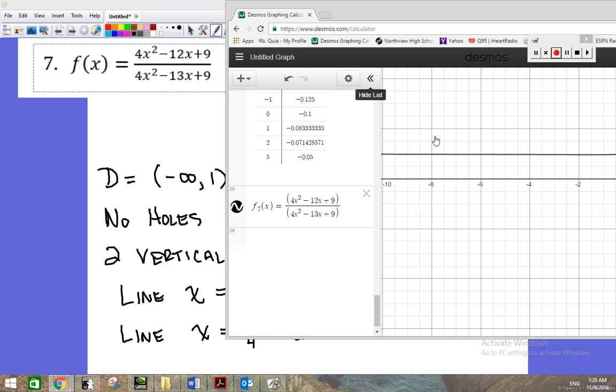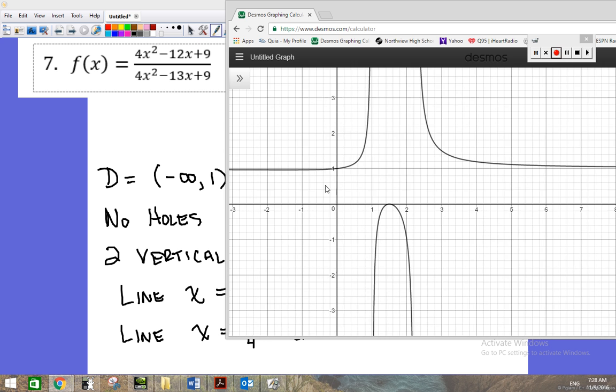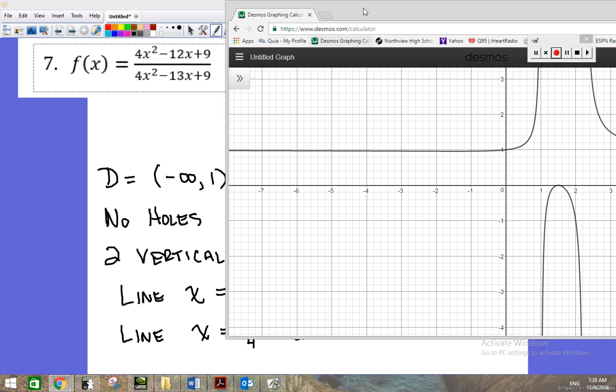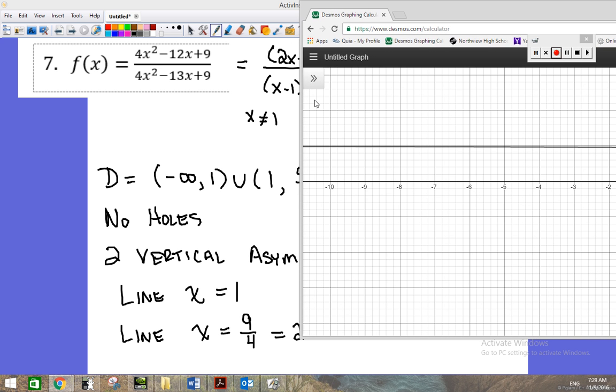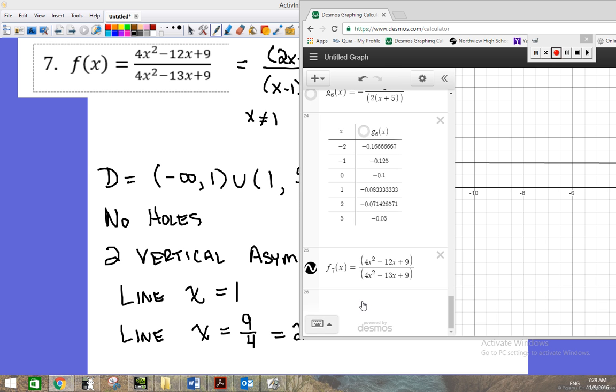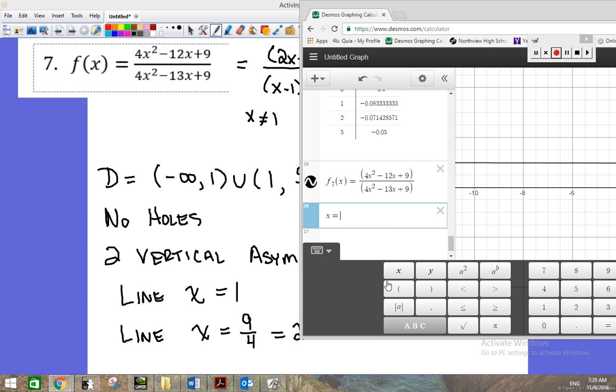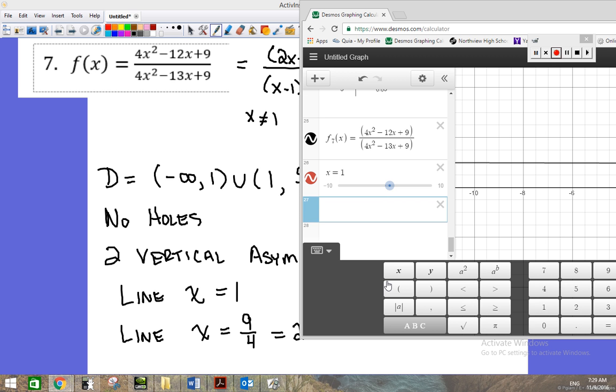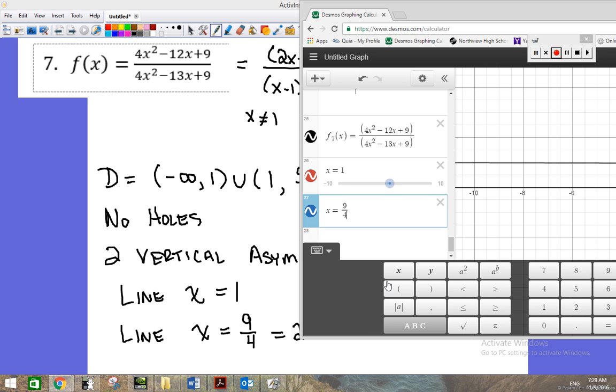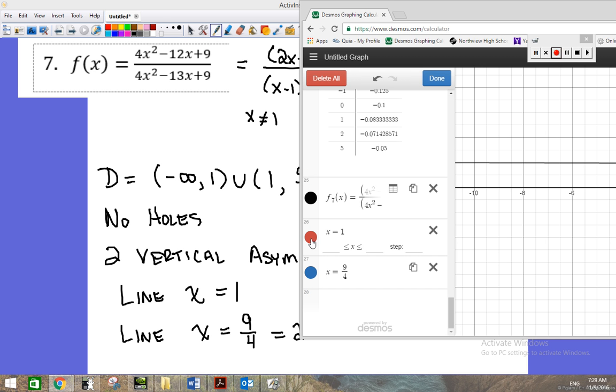And so we believe that there were 2 vertical asymptotes, and there they are. One at x equals 1 and the other at x equals 9 over 4. Let's change those to both be blue and both be dashed.